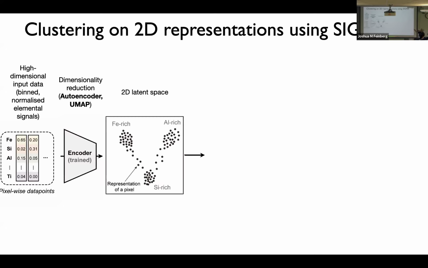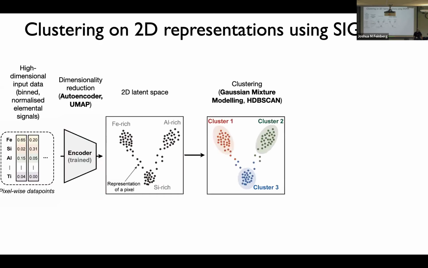OK, so the idea is take your high-dimensional data, reduce it to 2 dimensions, then all of your phases should appear as individual clusters within that latent space, as we call it. You then use any number of clustering algorithms to identify the clusters. There are 2 built into Sigma, Gaussian mixture modeling and HDBSCAN, which are both very good at slightly different things, so often using a mixture of the 2 works really well.